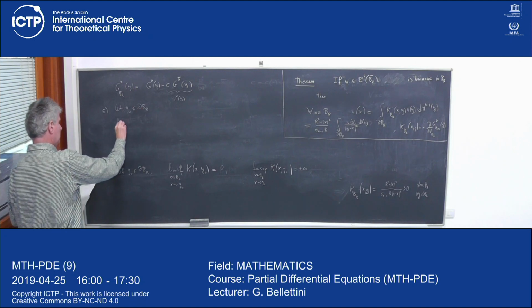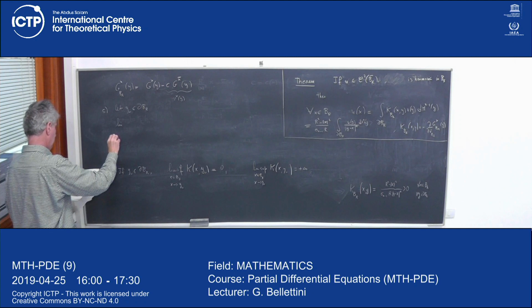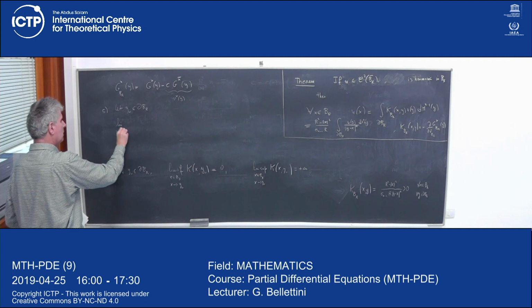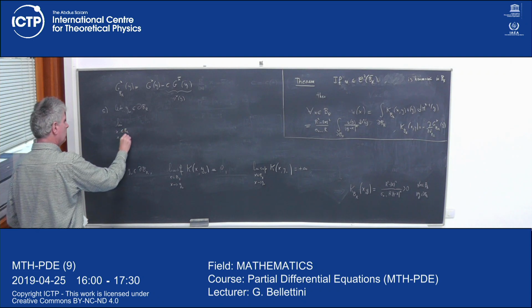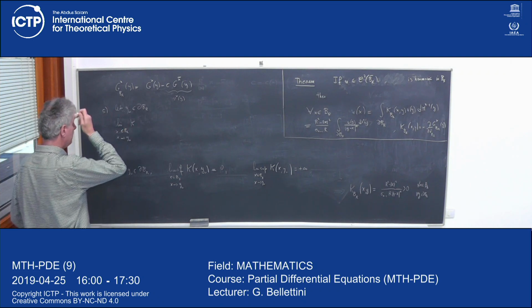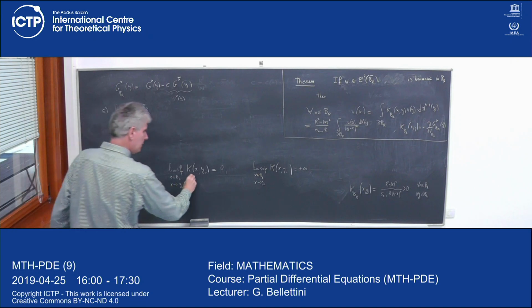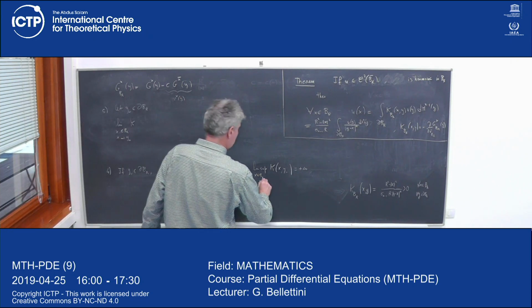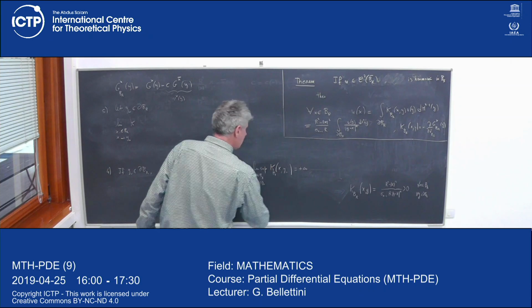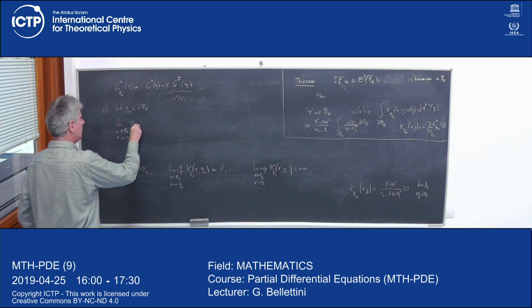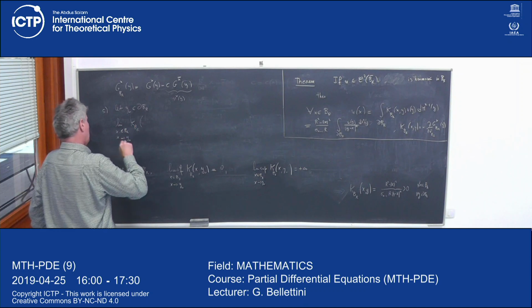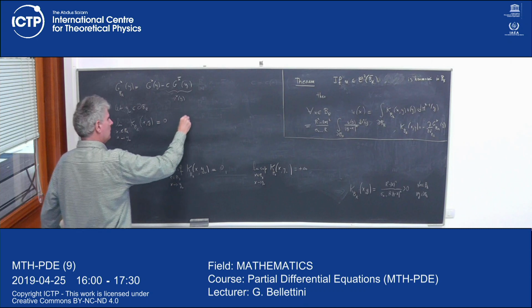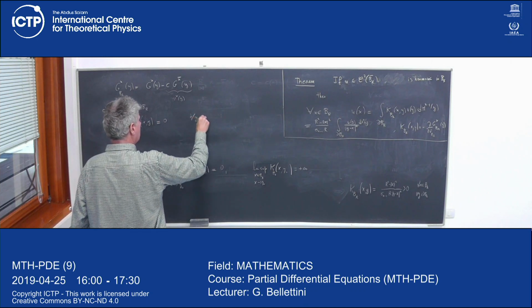So the limit as x in BR, x converges to y naught, of k BR x y, for any y in the boundary.